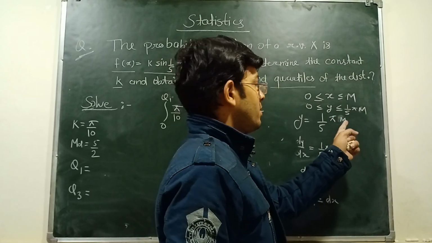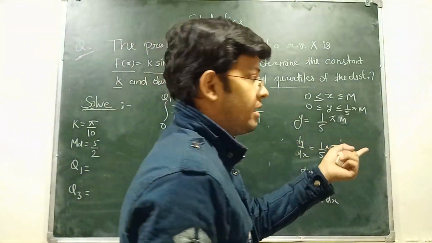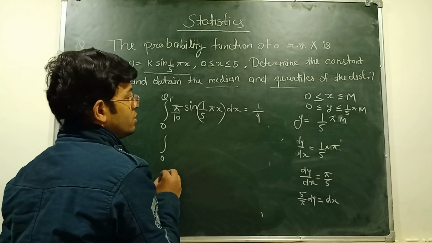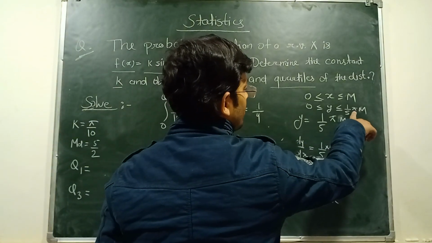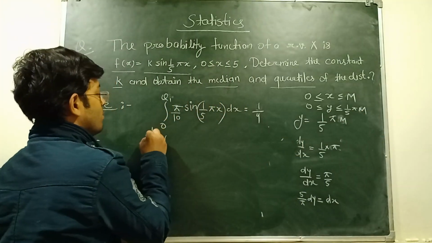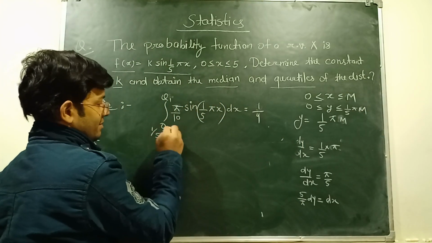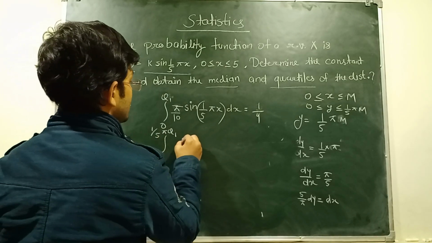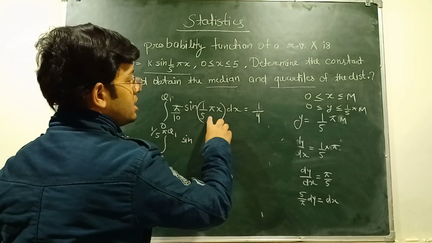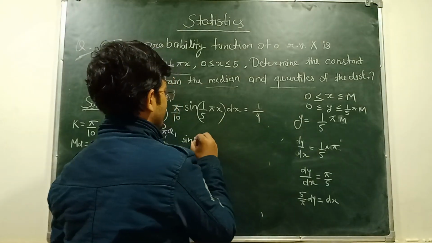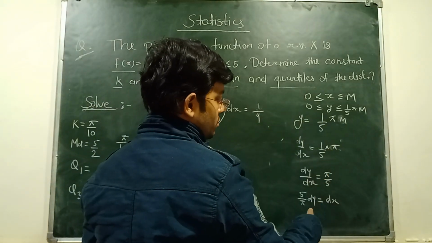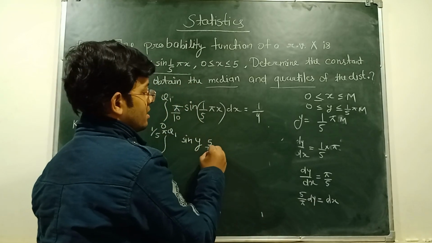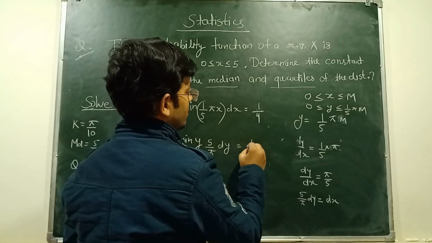Here is m, we have to change it to q1, so we can write 0 to 1 upon 5 pi q1, and pi upon 10 is the constant term, sine y, and dx is equal to 5 upon pi dy is equal to 1 by 4.